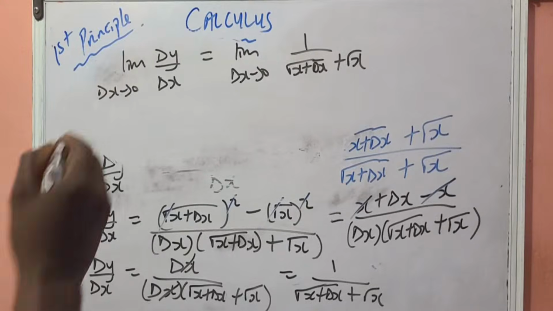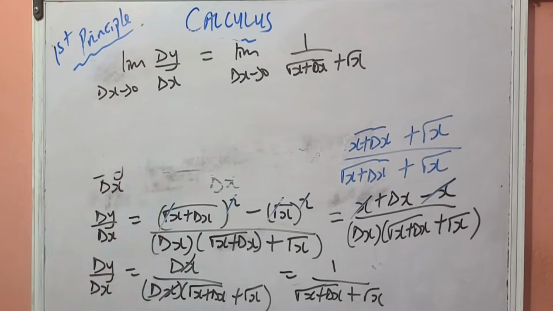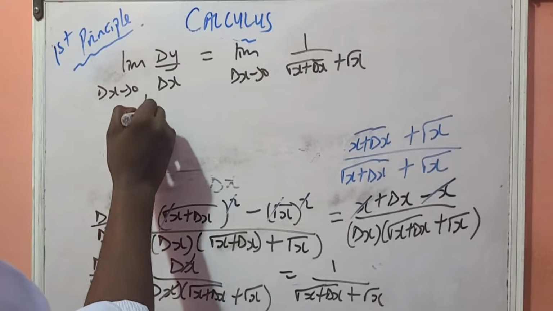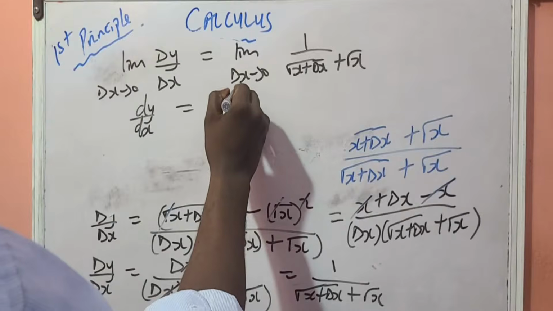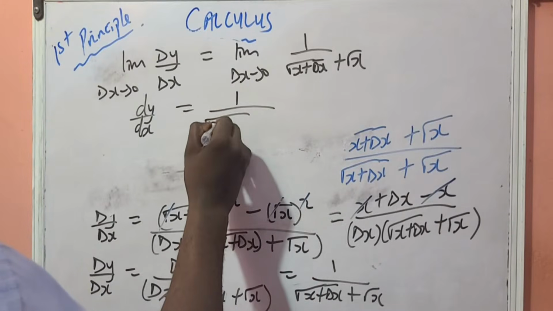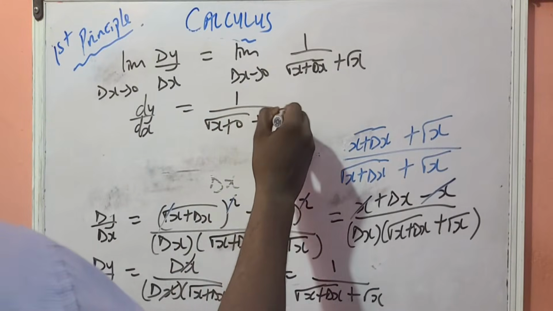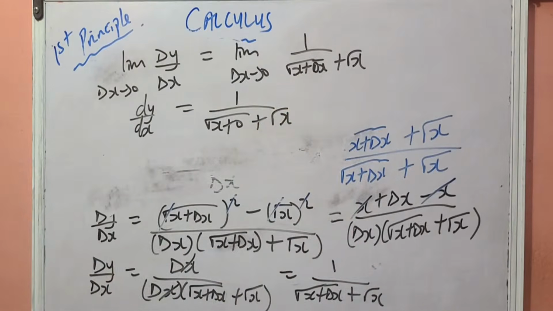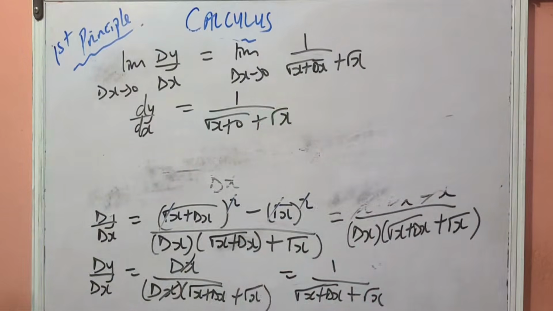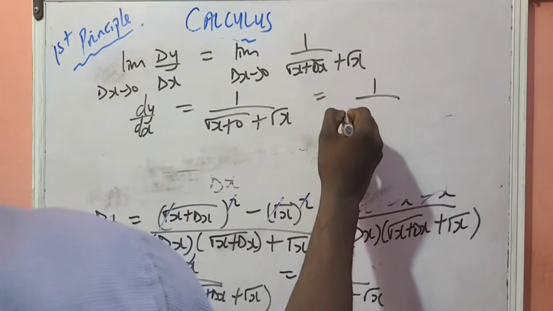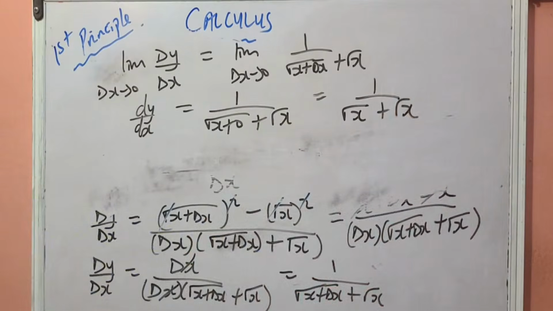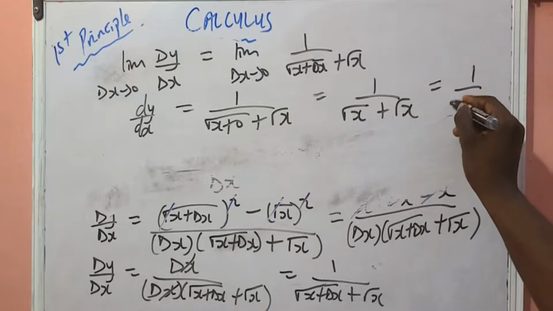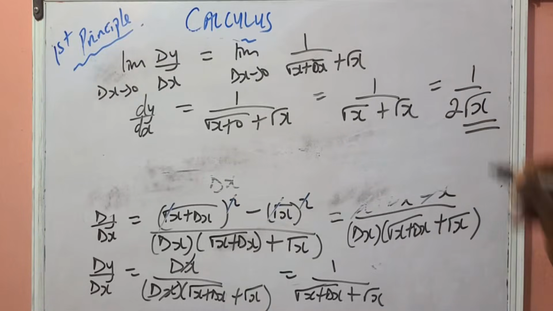So you have to, of course, know that this will all transform to dy over dx. And then this will be 1 over, we have x plus 0, x. Of course, that will be 1 over root x plus root x. Root x plus root x will obviously be 1 over 2 root x.